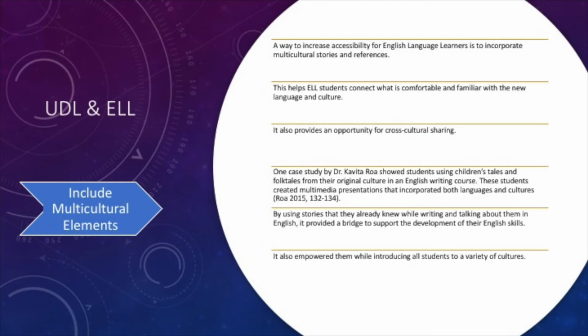They would use these stories and explain them in English. They would sometimes create things like graphic novels of the stories, incorporating pictures, as well as their language and a translation. They would create a multimedia presentation that incorporated both language and cultures. But they had to be able to speak and use and read English as a part of this. And it actually enabled these students to learn these English language skills much more quickly.